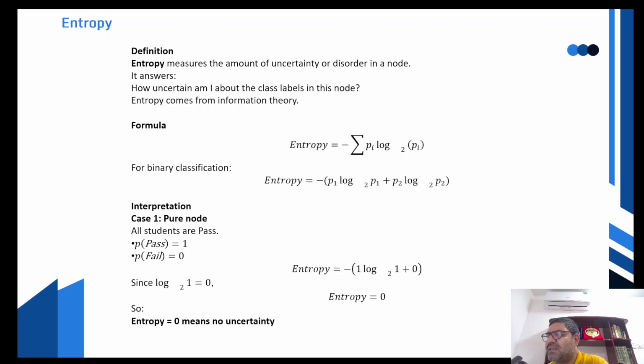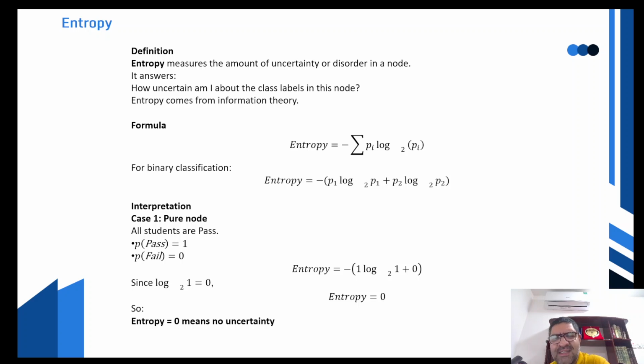The value which will come is going to be 0, because we have simply evaluated it. If you can see on your screen, we substitute the value of log 2 1, that is 0, and when we multiply 0 with 1 it becomes 0. 0 plus 0 is 0. So entropy will be equivalent to 0.